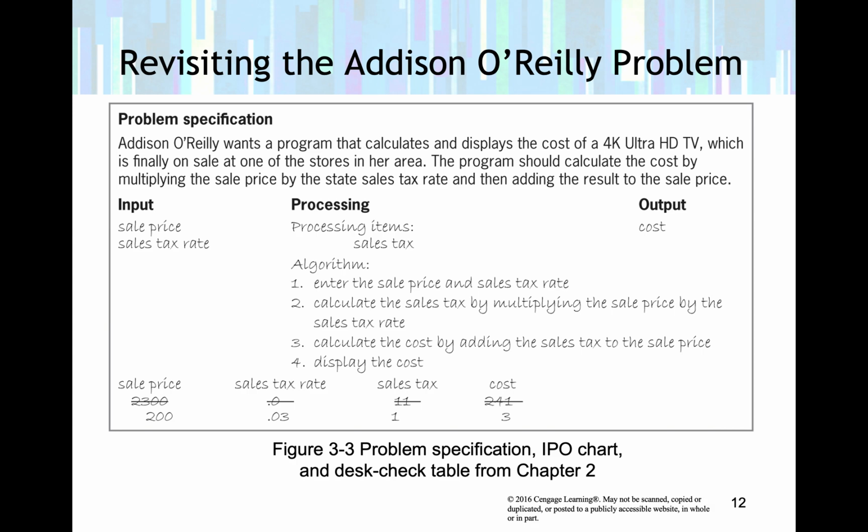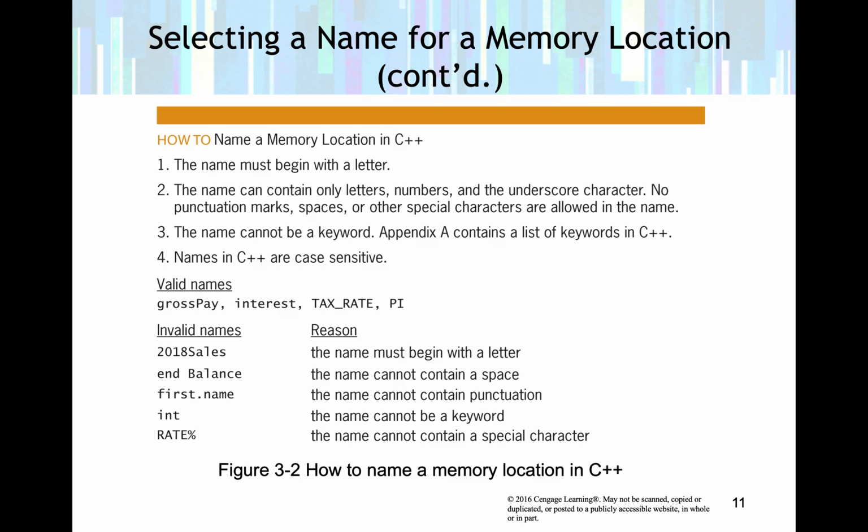By the way, earlier they talked about something called a literal constant and a constant. A literal constant would be like using the number 4 in my program. If I said multiply 100 times 4, or multiply the variable gross pay times 4, the 4 would be a literal constant. A named constant would be if I take that 4 and assign it to a constant.